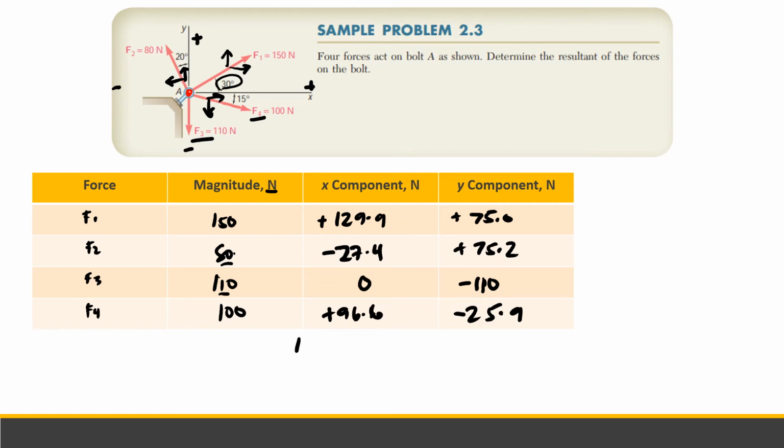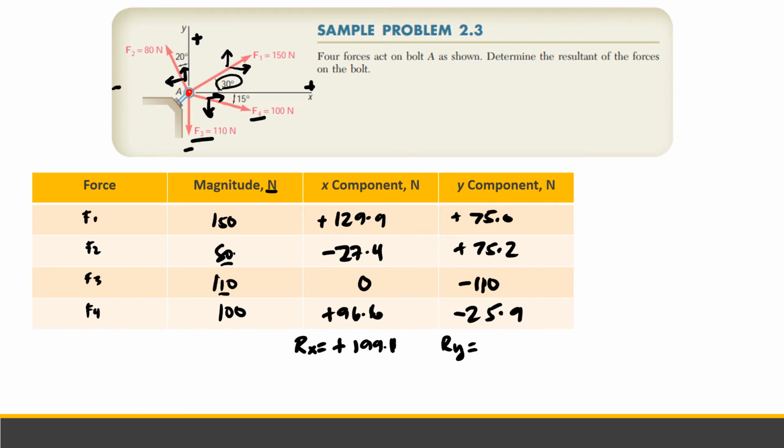So for Rx, the total: 129.9 minus 127 plus 96, so that is positive 199.1 Newton. And our y component is equal to 75 plus 75 minus 110 minus 25.9.